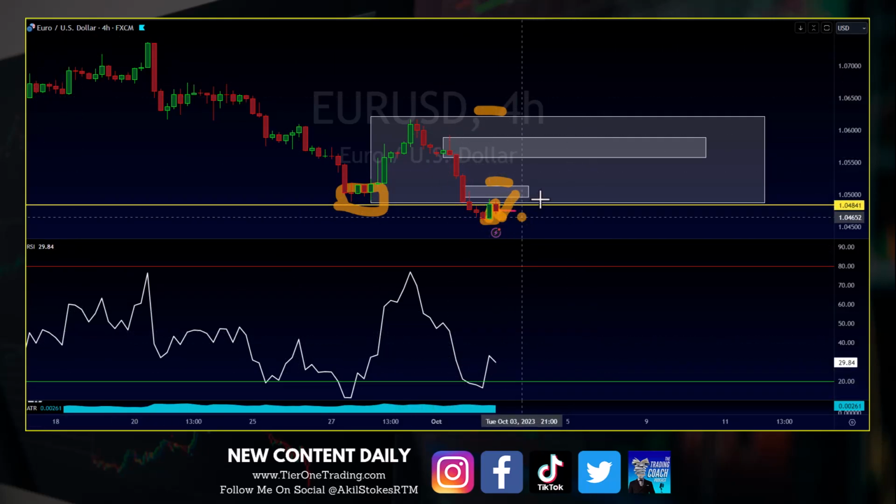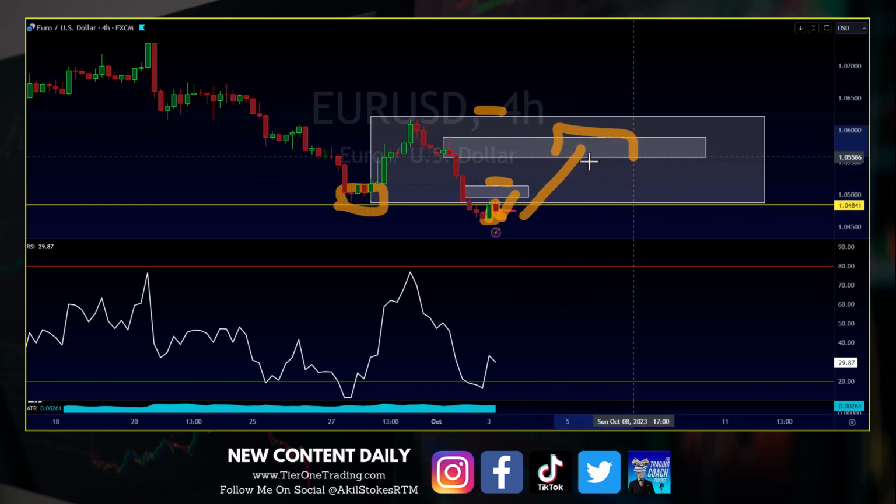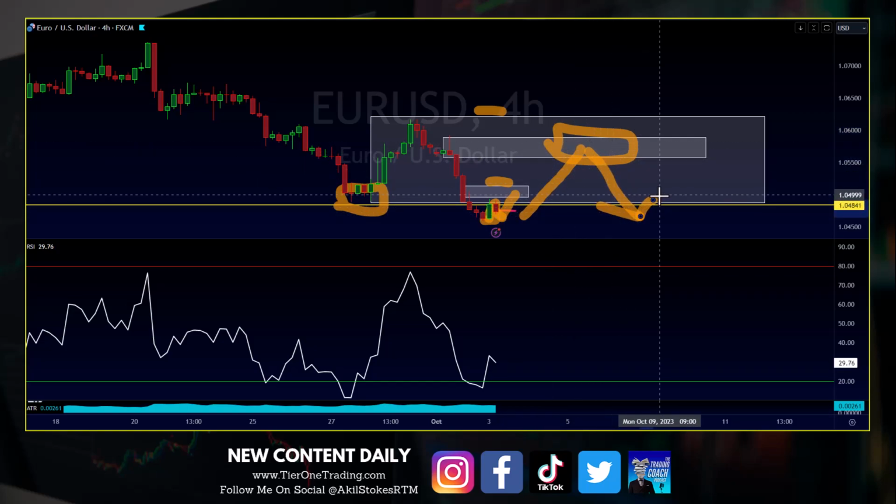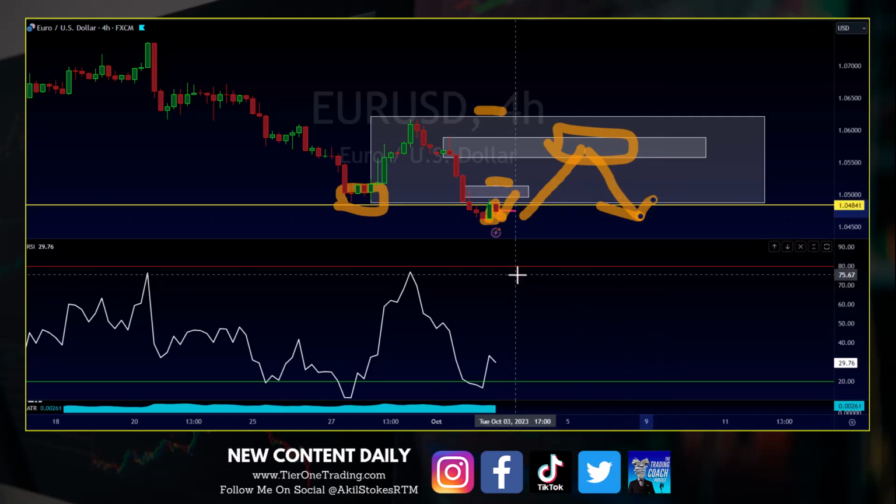I'm waiting for price to pull back, and I'm looking to trade the pullback in the direction to the downside. So per my personal trading, what I want to see is what I think is the exhaustion of the pullback.